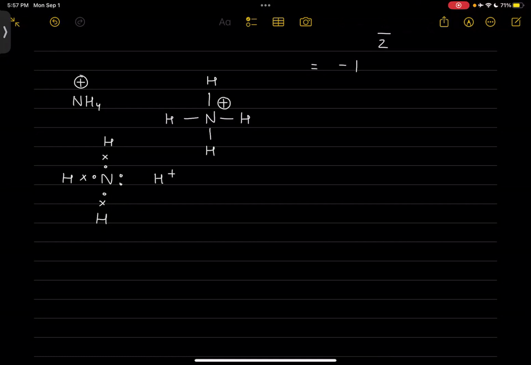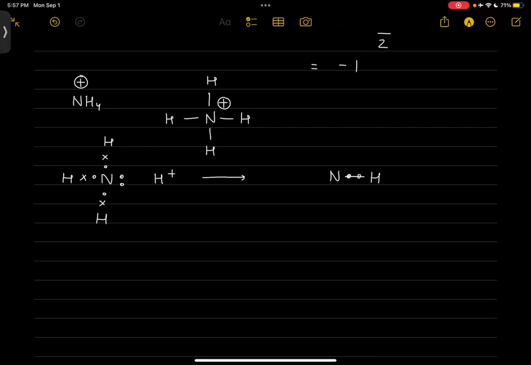So look how it may be forming. Nitrogen has a lone pair, right, which is not being used. So this nitrogen will let its electron pair overlap with the hydrogen.